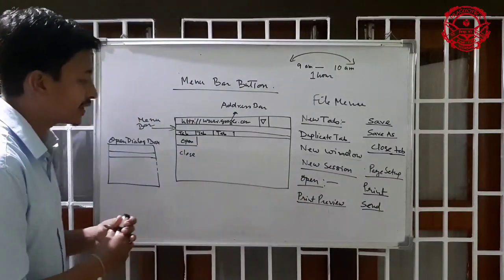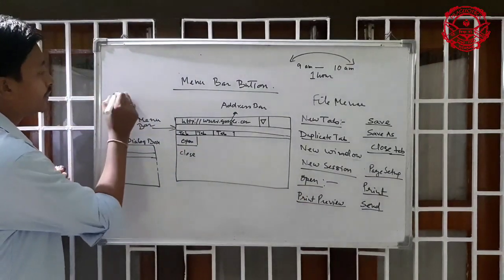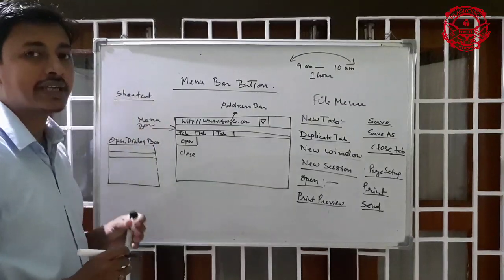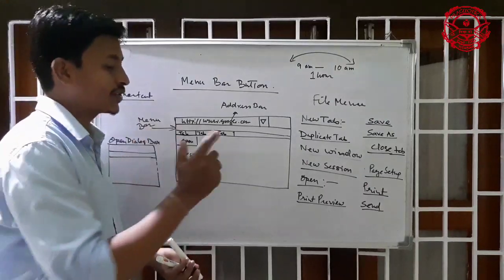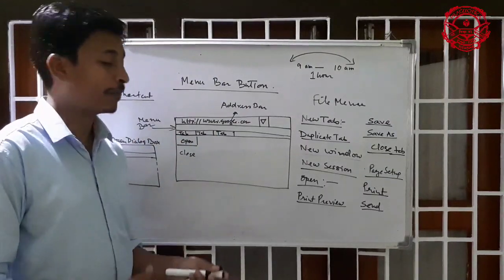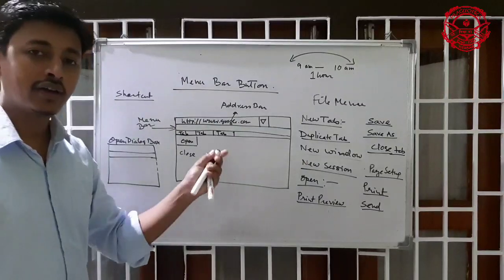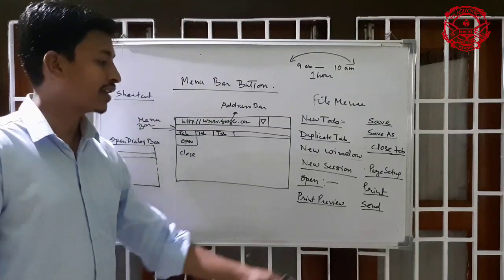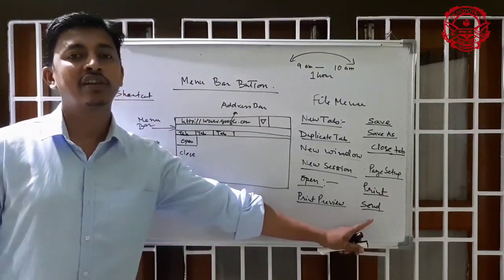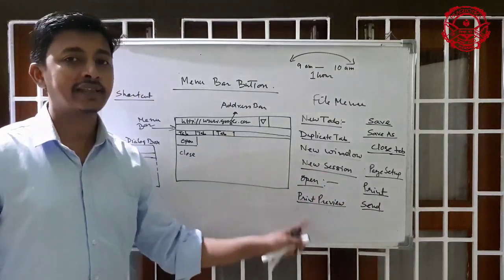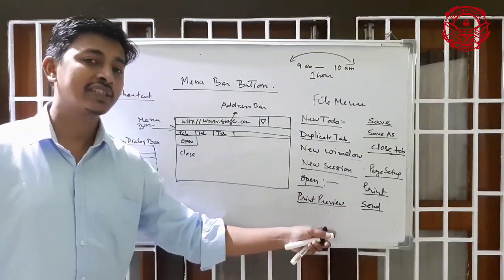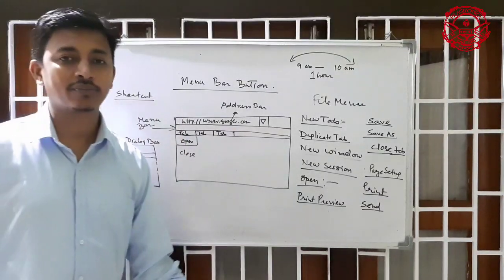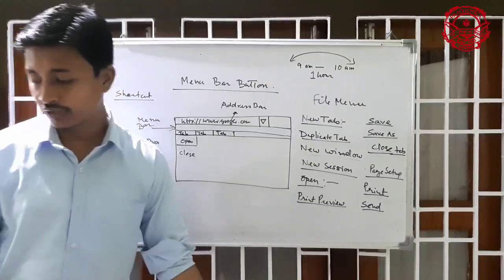When you create the shortcut, it creates a shortcut button on the desktop. When you click the shortcut on the desktop, it will automatically open that particular file or website's content. So the send option is useful, because it gives the whole document as a mail to other users, and also creates a shortcut button on the desktop of your computer. So it's so important.